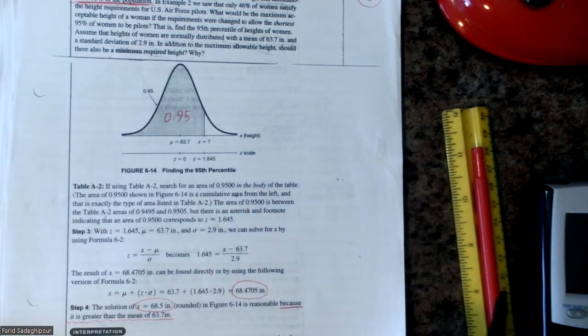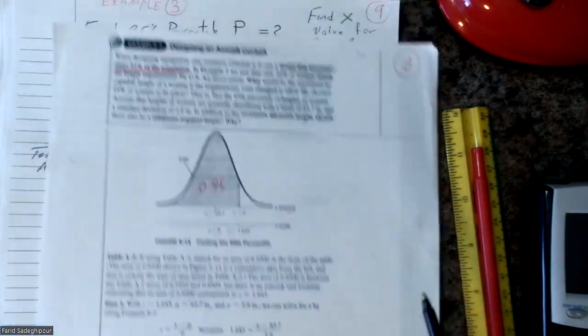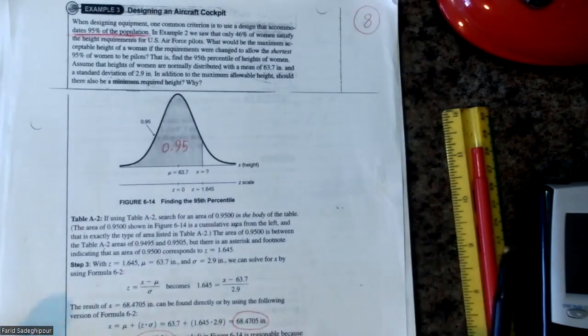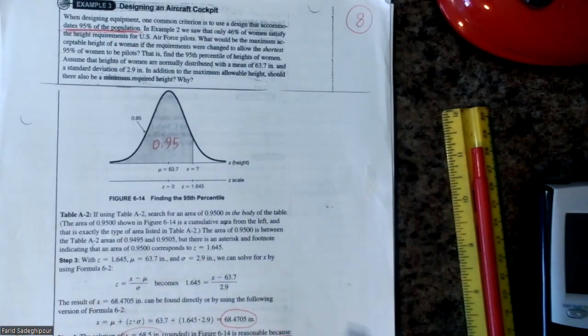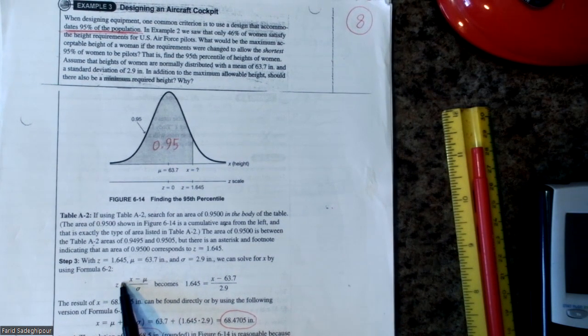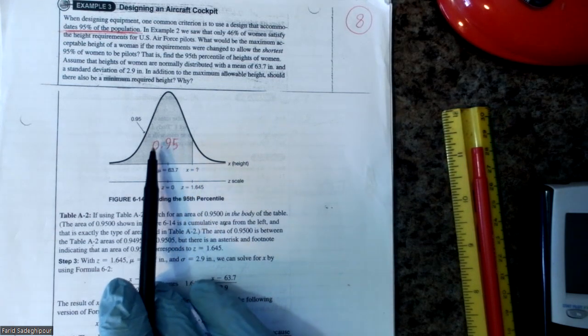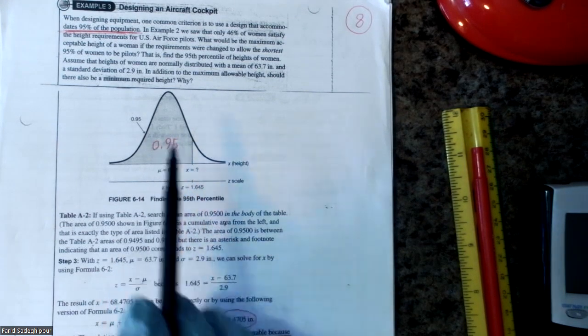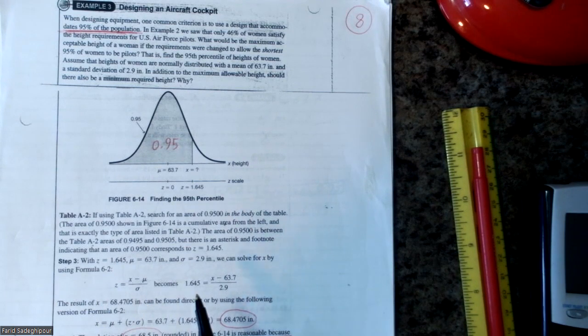In that case, if you want to use your calculator, from the formula, the value of z comes from inverse norm for the area. If I put inverse norm and then the area, the calculator gives me the value of z. When you find the value of z, you put it into this equation to find your x value.